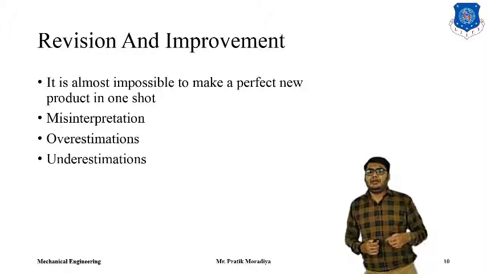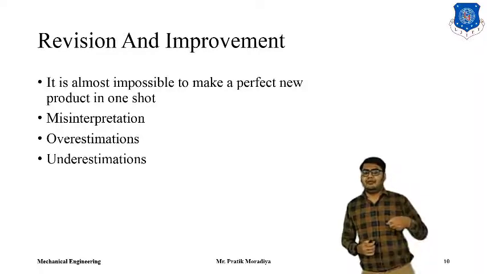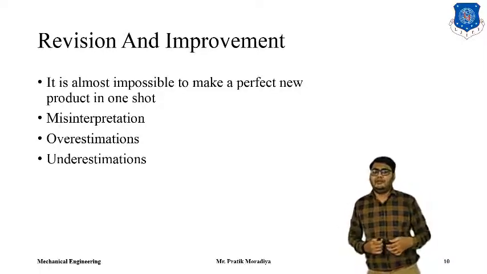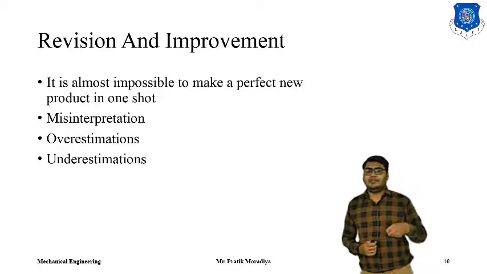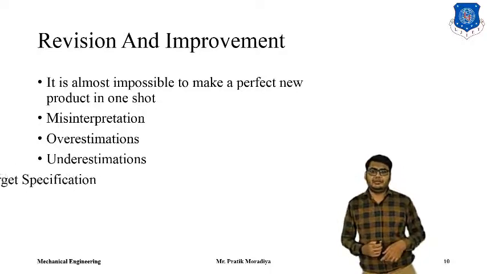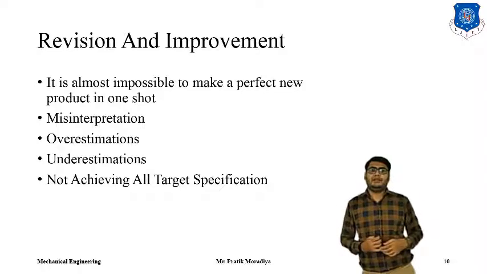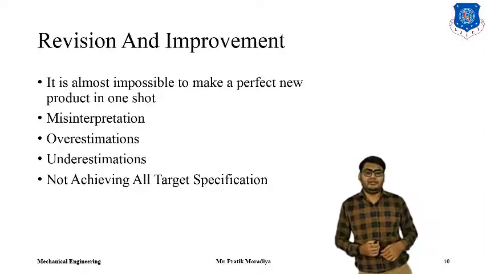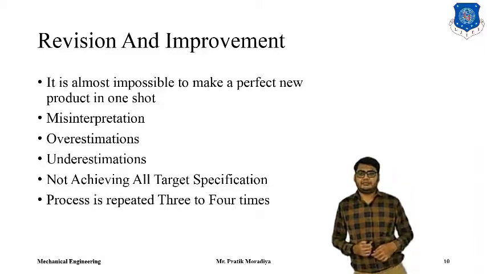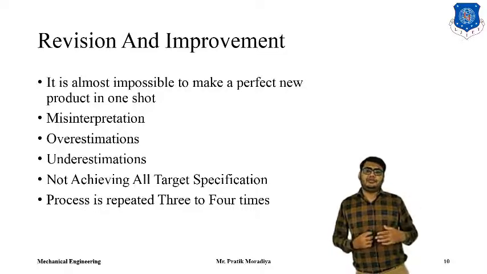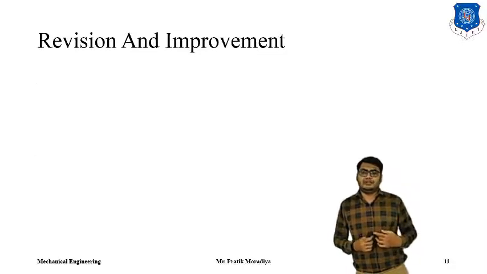You should build a device that can at least lift 100 kg, if your customer specification is 100 kg. If you can lift only 50 kgs, then it will be an underestimation. Then you check if you are achieving all target specifications or not, and you can revise this process again and again until you are satisfied.